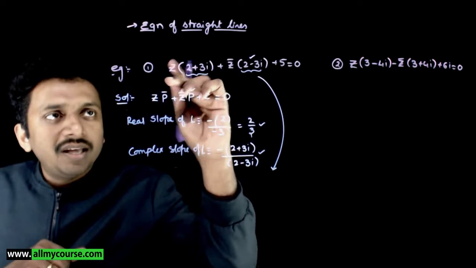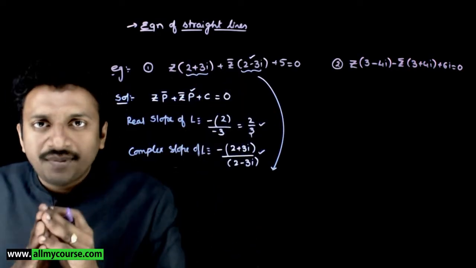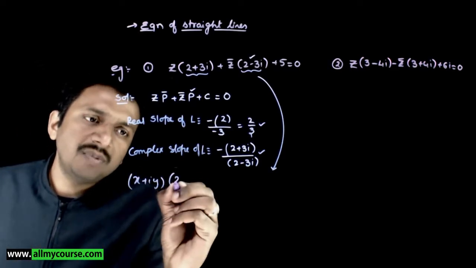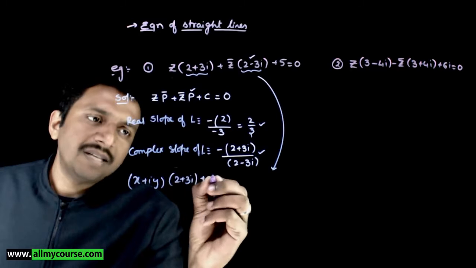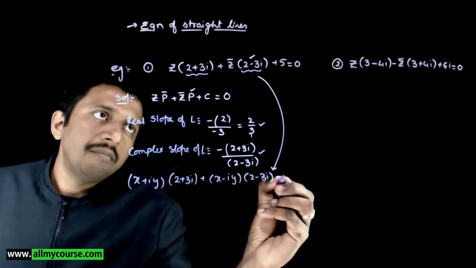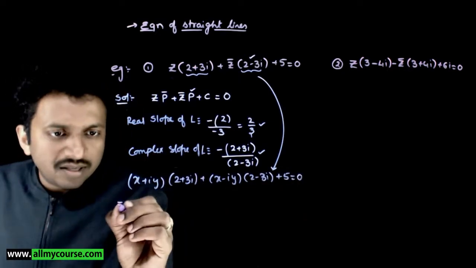Just by substituting x + iy in the place of z and x − iy in the place of z bar. So (x + iy) times (2 + 3i) + (x − iy) times (2 − 3i) + 5 = 0.